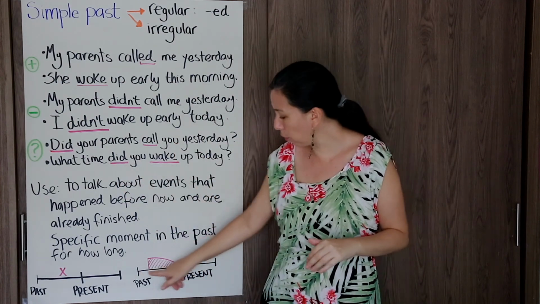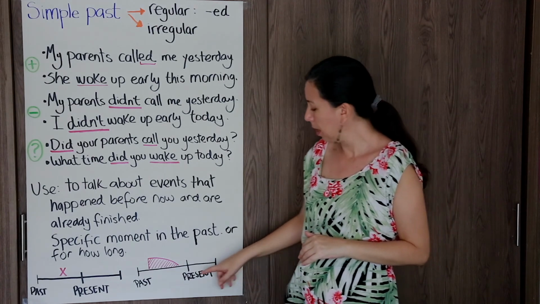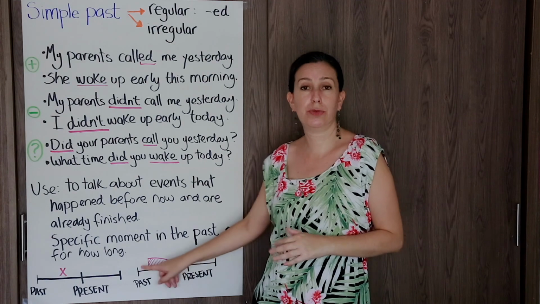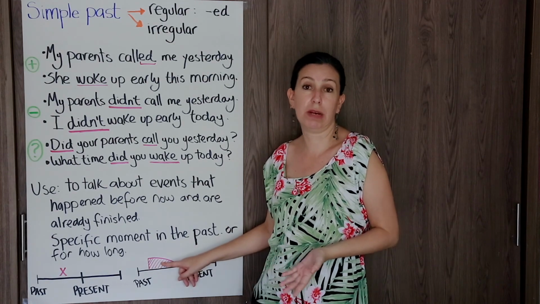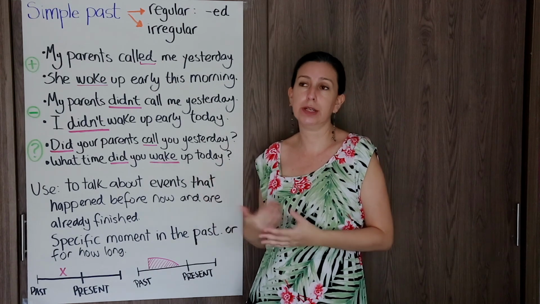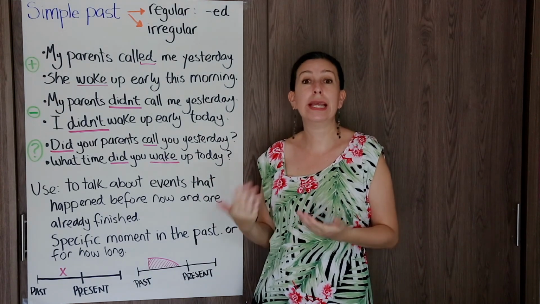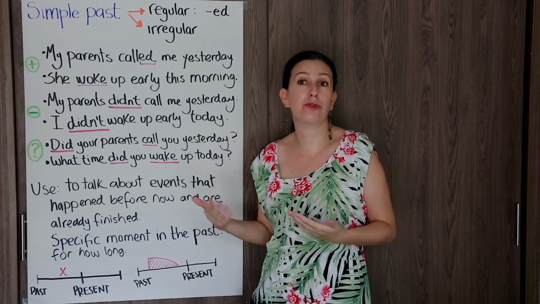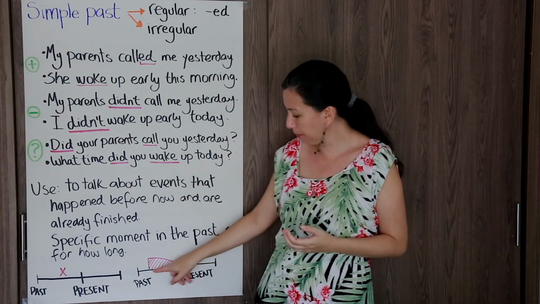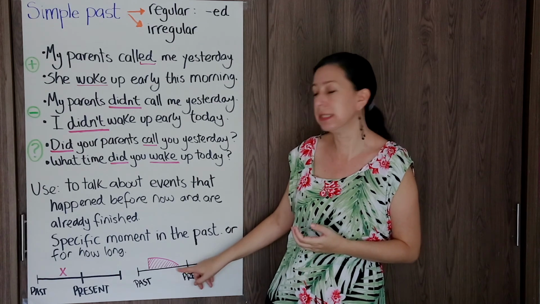Here, in this other timeline, we have the past, we have the present here, but we're talking about the duration of an event, like the example that I was explaining earlier, we lived in the United States for 8 years. So it means that during 8 years, we lived in the United States.